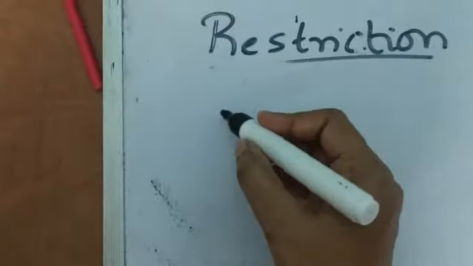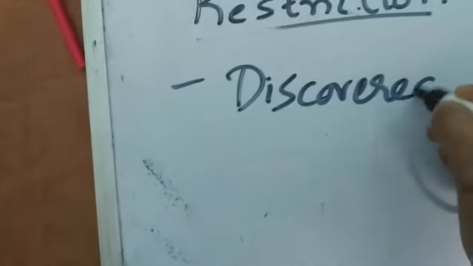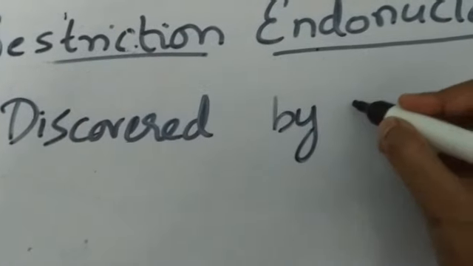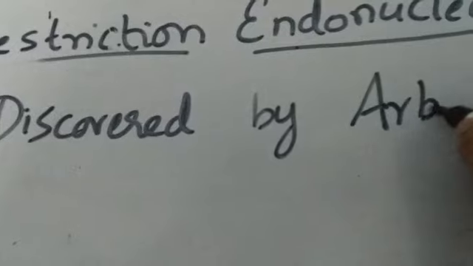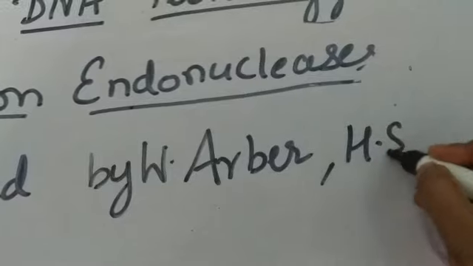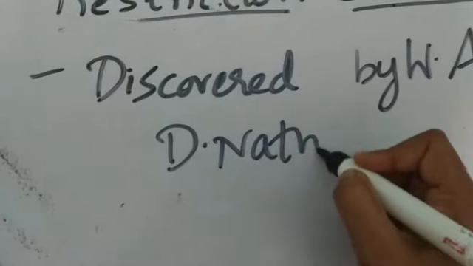Alright, so restriction enzymes were actually discovered by a set of scientists. They are very important scientists. They also received the Nobel Prize for this discovery: W. Arber, H. Smith, and D. Nathans.